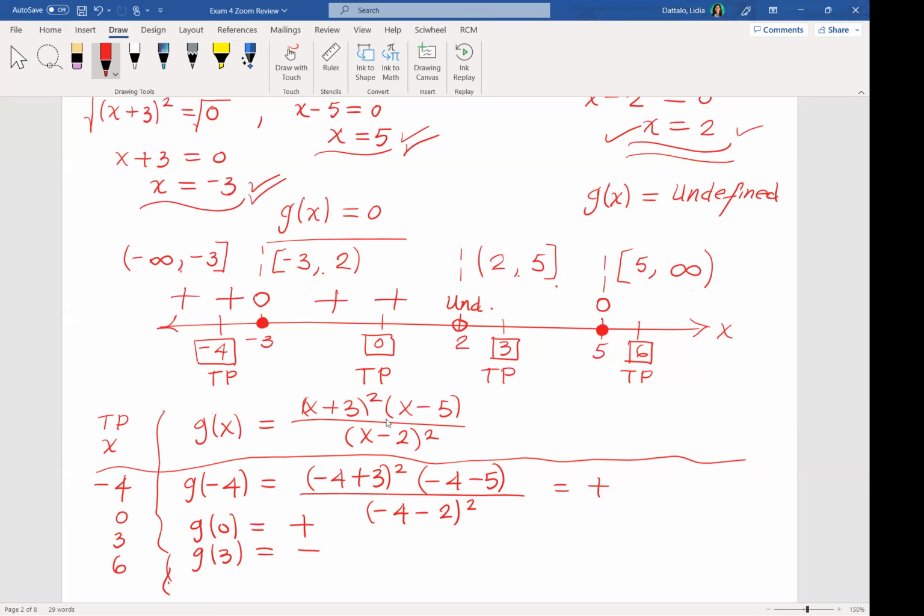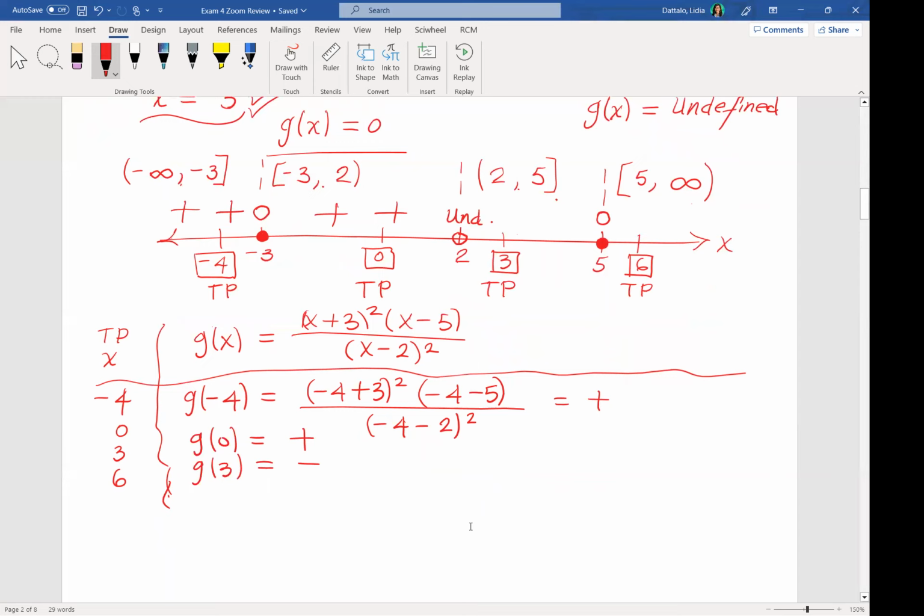All right, so g of 6 is positive as well. This was 0, 3, and 6. g of 3 was negative, and the others positive.